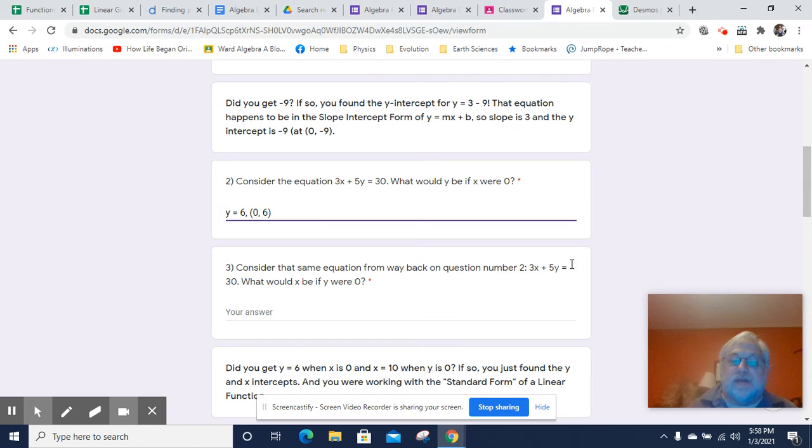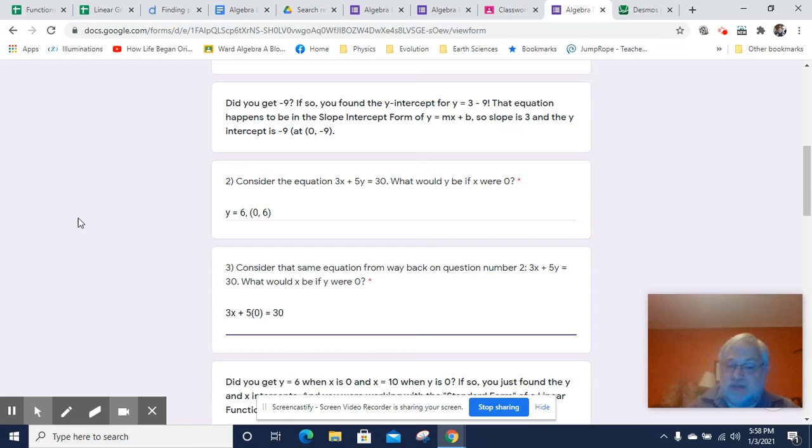Now the next question asks us to consider what would x be if y were 0. So once again, we say 3x plus 5, now y is going to be 0, so we'll replace y with 0, equals 30. And then we simply solve for x.